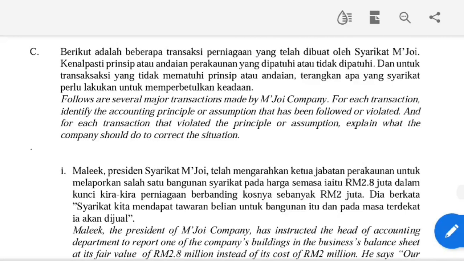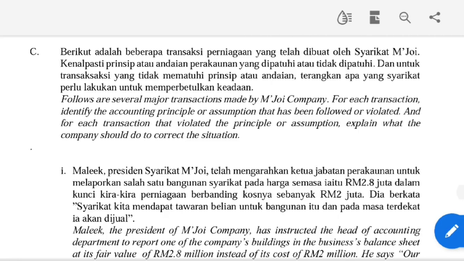Following are several major transactions made by M-Joy Company. For each transaction, identify the accounting principle or assumption that has been followed or violated. And for each transaction that has violated the principle or assumption, explain what the company should do to correct the situation.